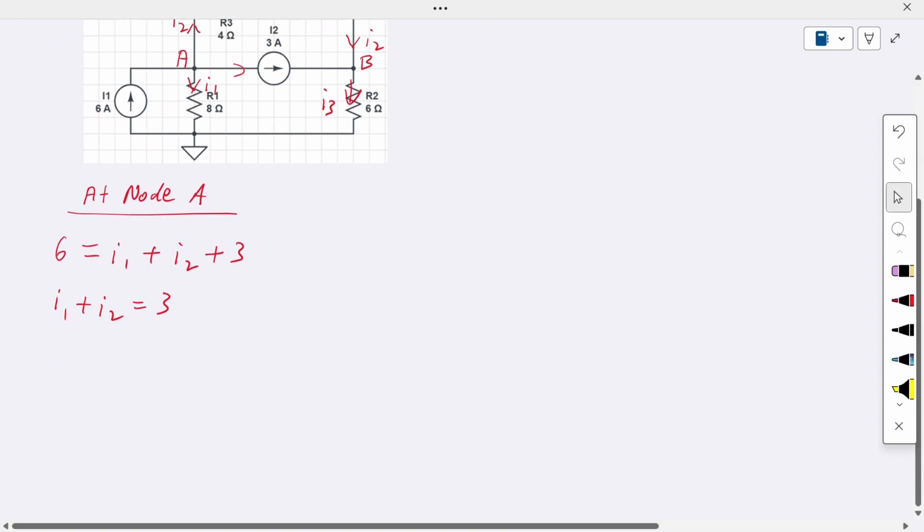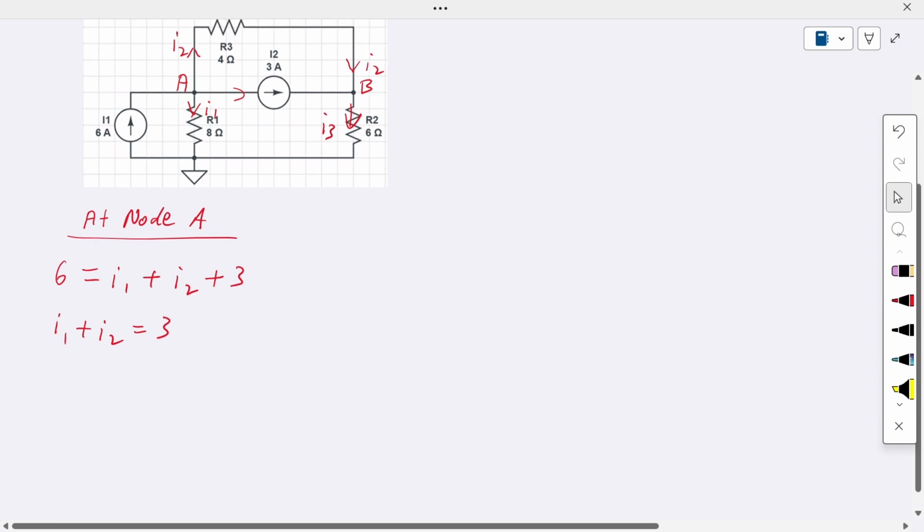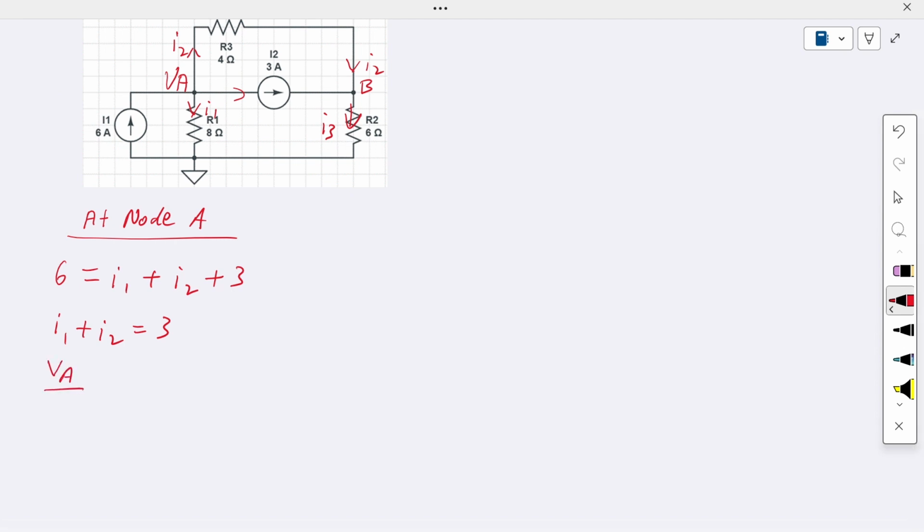Now we use Ohm's law to substitute I1. I1 is equal to VA minus 0 divided by R1, so we have VA divided by R1, and I2 is VA minus VB divided by R3, and this must be equal to 3 ampere.